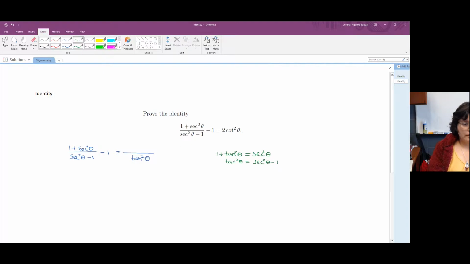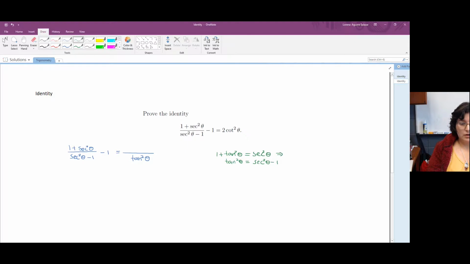Now we can also say that the numerator can be written in terms of tangent squared of theta, because if tangent squared can be written in terms of secant squared, then also secant squared can be written in terms of tangent squared. We have secant squared equals 1 plus tangent squared.